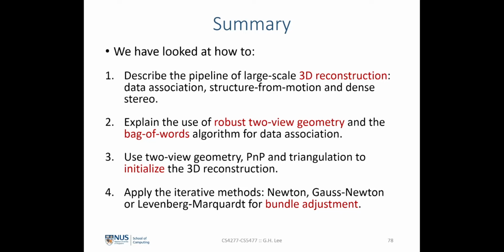And we looked at how to do the initialization of 3D reconstruction with two-view geometry, PnP, as well as the linear triangulation algorithm. In fact, these three algorithms are what we have learned in past lectures. And finally, we looked at the definition of bundle adjustment and how to do bundle adjustment using iterative methods such as Newton, Gauss-Newton, and the Levenberg-Marquardt algorithm.